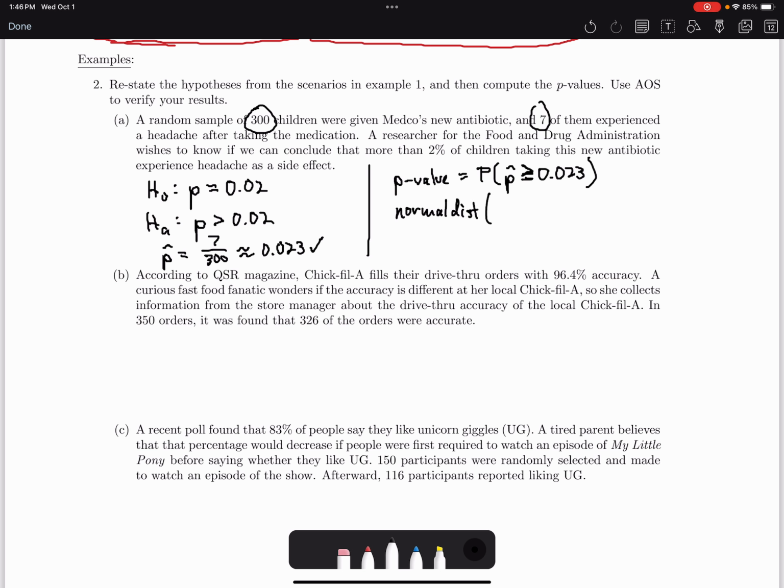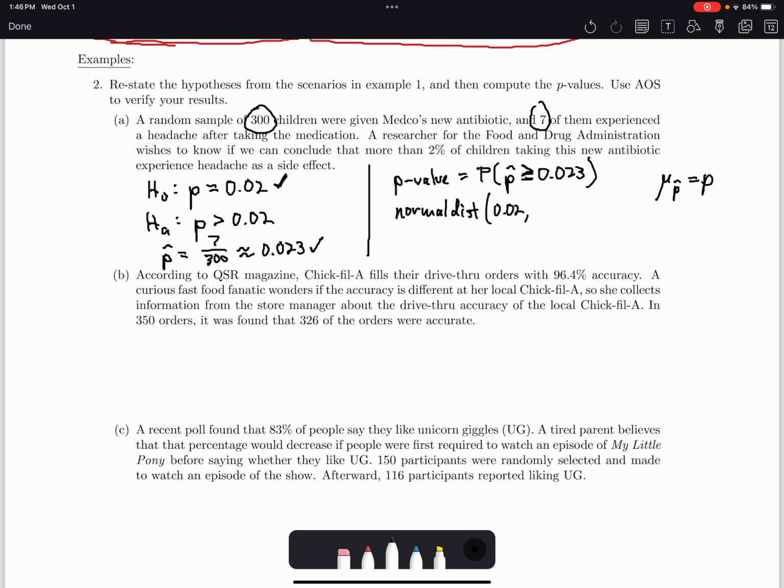Now, when I use the normal distribution, I have to enter something for the mean. And in the case where I'm trying to compute a probability involving a sample proportion, the mean I want to use is mu sub p hat, which we learned in chapter 2 is equal to p. We're assuming that the null hypothesis is true, right? So we're assuming here that p equals 0.02. So that's what we'll put in for the mean.